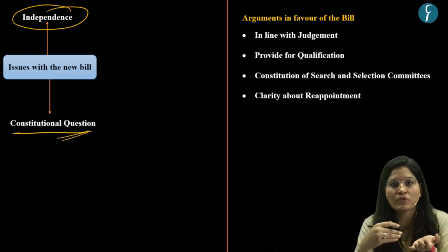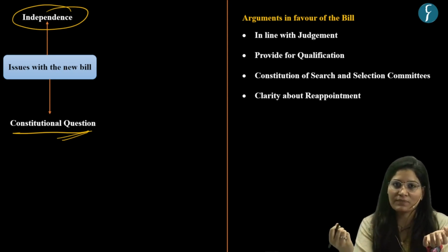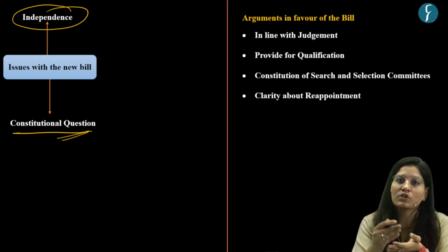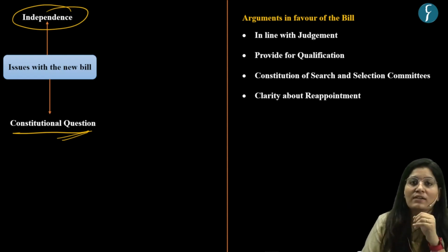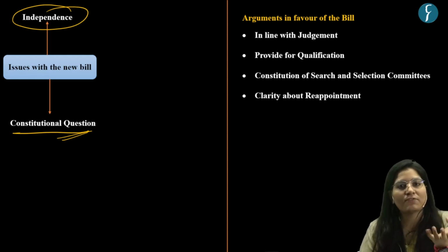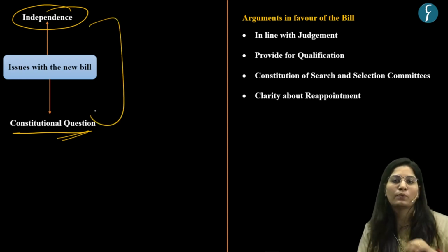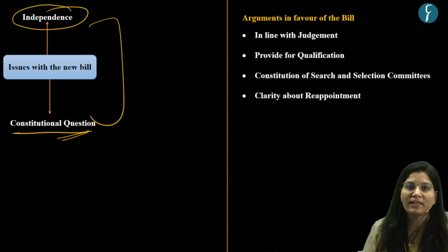Important provisions which deal with the independence of the Election Commission should be altered by constitutional amendment and not by ordinary legislation. Got it? And this will constitutionally safeguard the Election Commission also, because it is very important for our democracy, because it ensures free and fair elections. So these are the two key issues which we see with respect to the new bill.